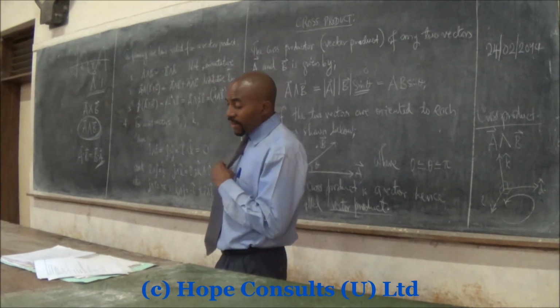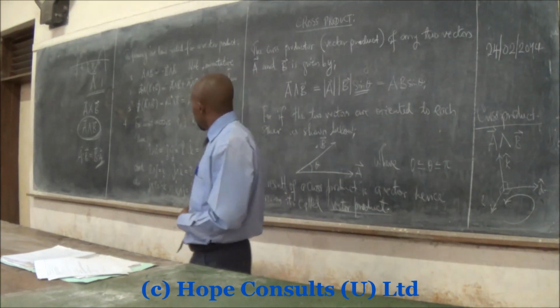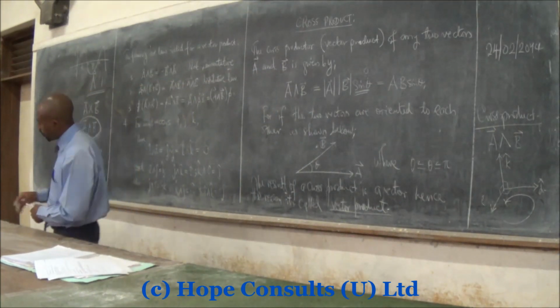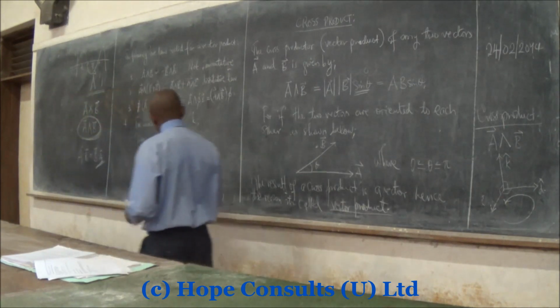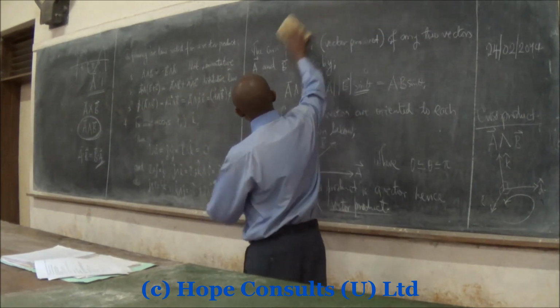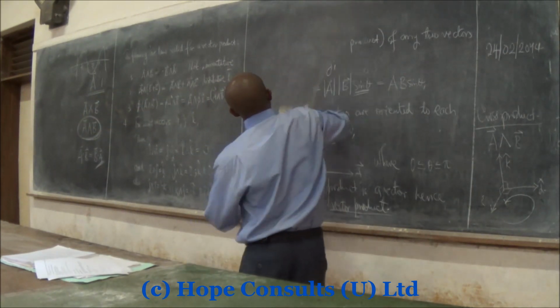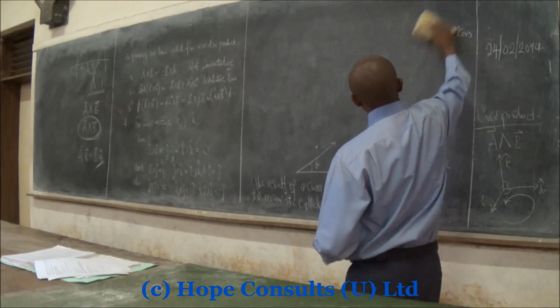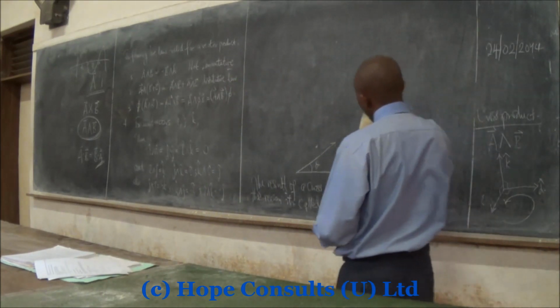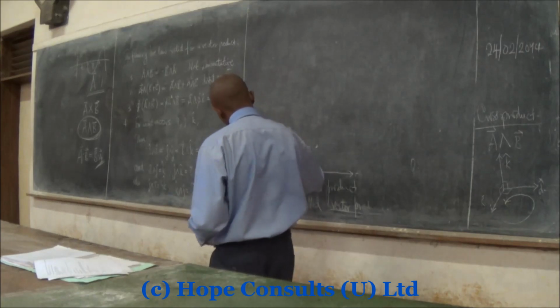If we have our two vectors A and B expressed in terms of the unit vectors, then we can cross them and use the method of determinants to find the cross product.